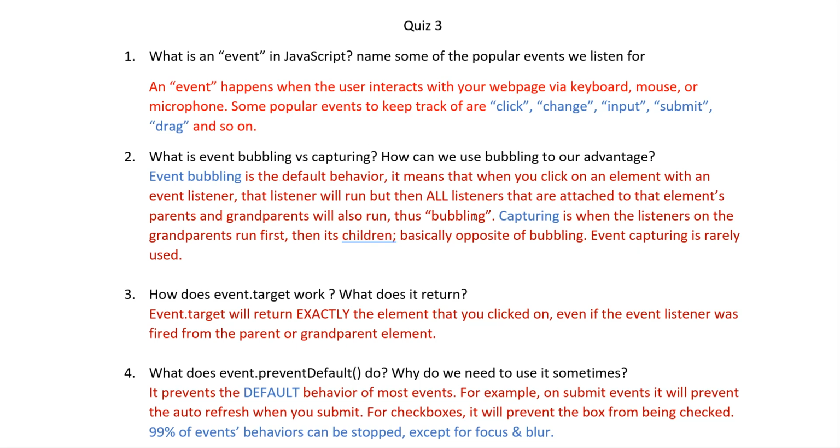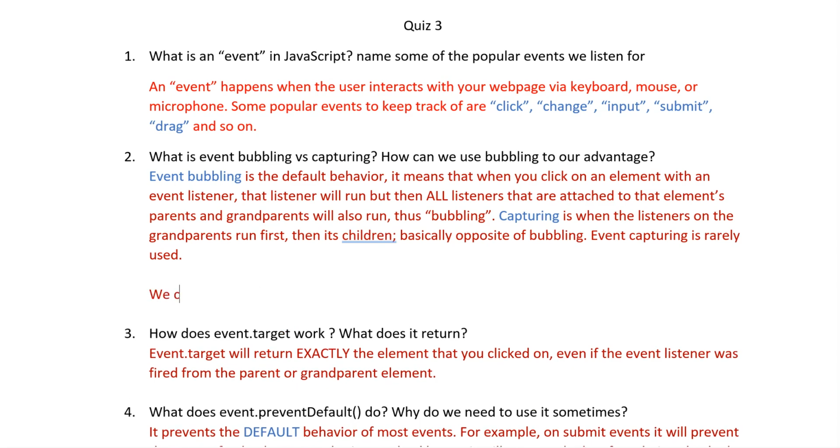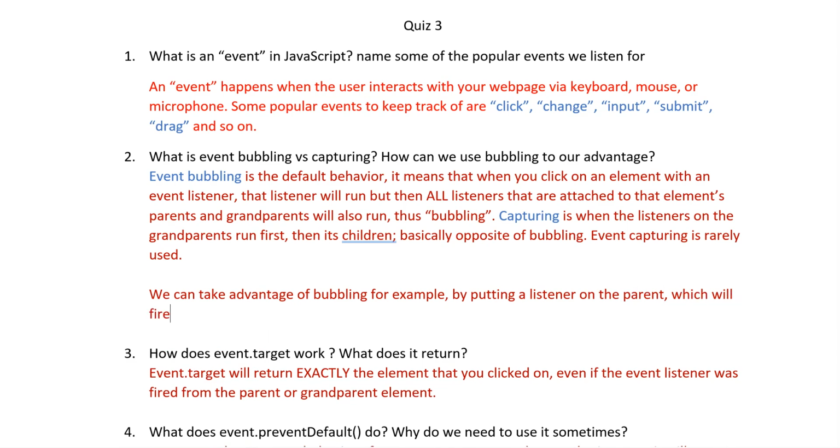Now, how can we take advantage of event bubbling? Well, for example, by putting a listener on the parent, which will fire when any of the children are clicked.